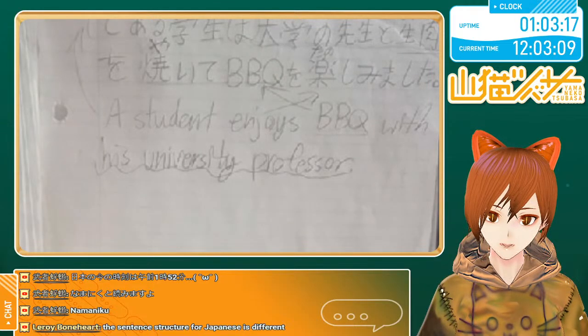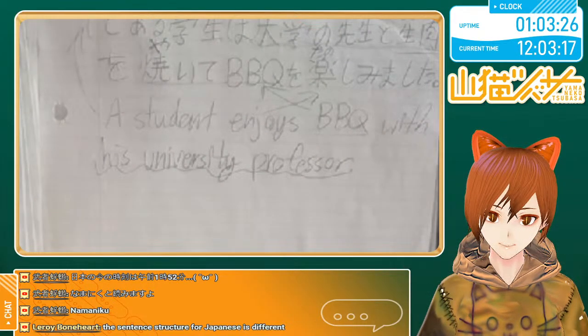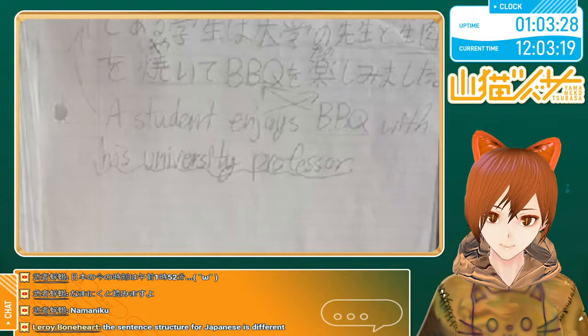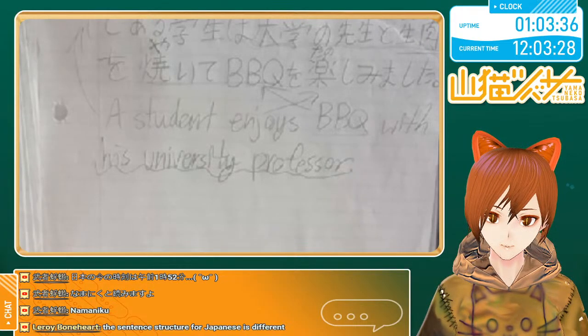So the most important bit in the sentence, a student enjoys barbecue with his university professor, is the student and the university professor. It just so happens that enjoys BBQ is in the middle of the sentence, which means that's where the least amount of emphasis is placed.